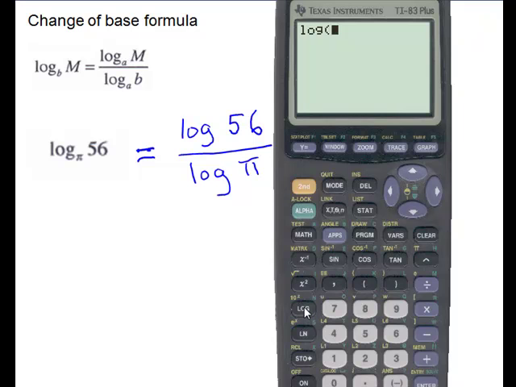So I will do the log of 56 close parentheses divided by the log, and you actually have a pi button. So second pi, close the parentheses and enter. And so if we're going to 4 decimal places, the 4 is in your 4th place, 2 would drop off.